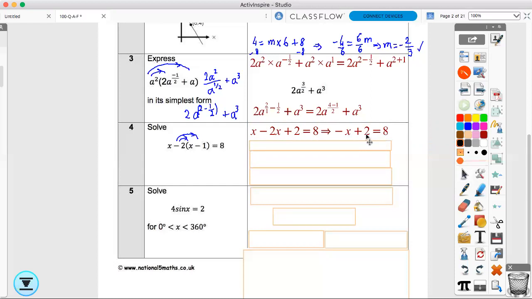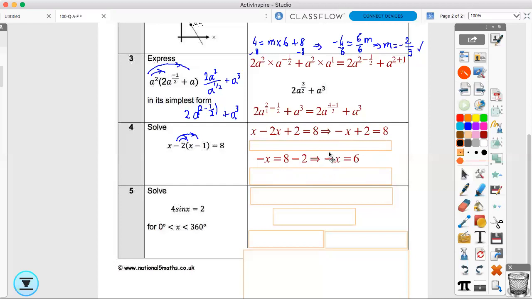So 2 plus here. So you can say I'm going to get rid of 2 by taking away 2 from both sides. So if you do that, you end up with -x equal 8 minus 2. And 8 minus 2 is just 6. So -x equals 6.